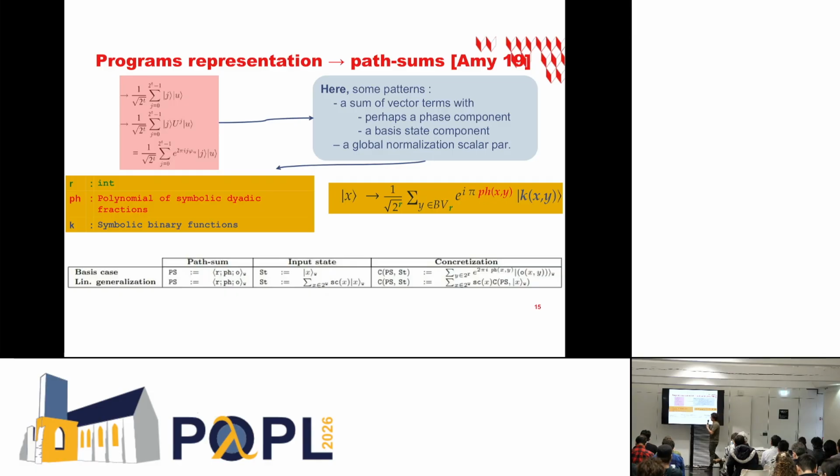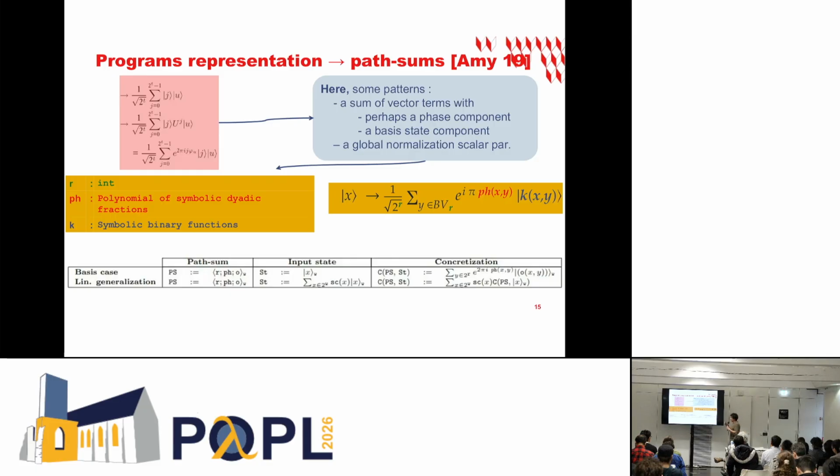And a simple integer parameter R that rules at the same time the constant normalization term for the whole sum, and also the range, the number of paths that composes the sum. So there are as many sum terms as the number of possible assignments of R different binary path variables. So there are 2 to the R.